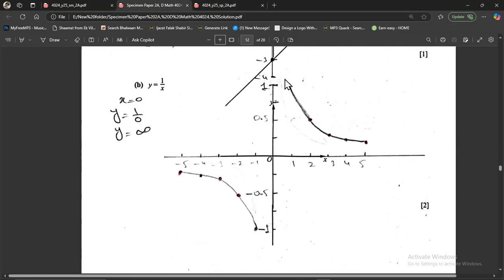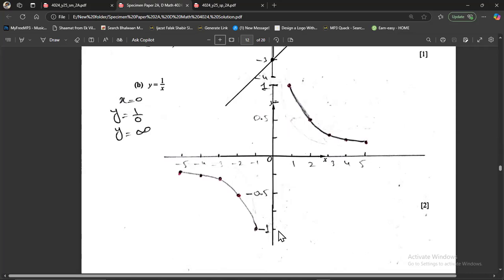So the graph will be something like this, but it is never going to touch 0. Remember that it is not going to touch 0. And this line y equals 0 is the asymptote of this graph, the horizontal asymptote.